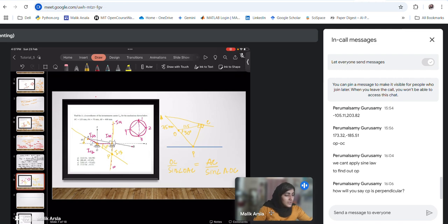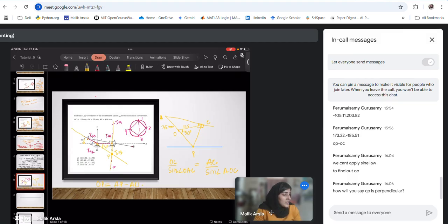So this relation you can use to find out basically OC. Then how can you write OP? OP can be simply written as AP, this whole length, minus AO. AO has been given, and AP you need to figure out.